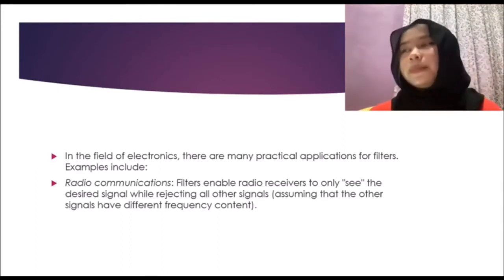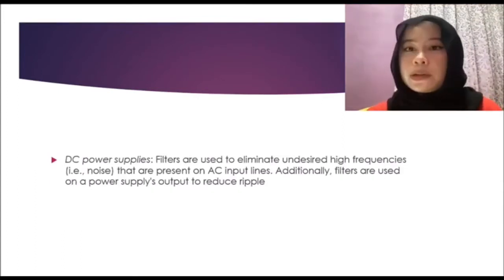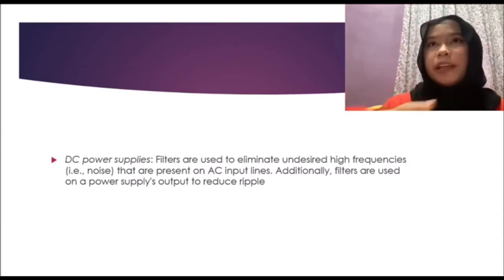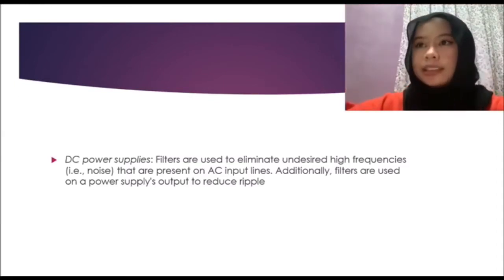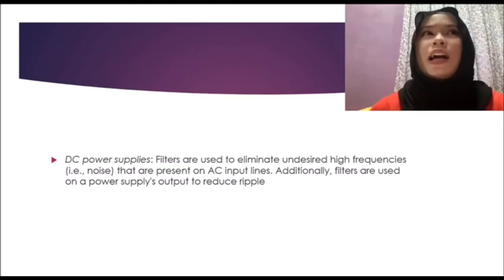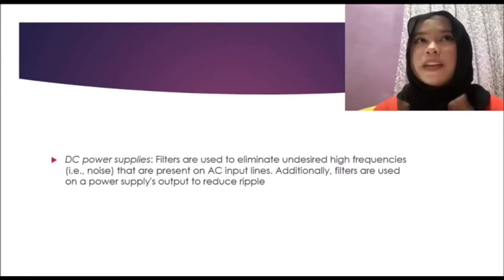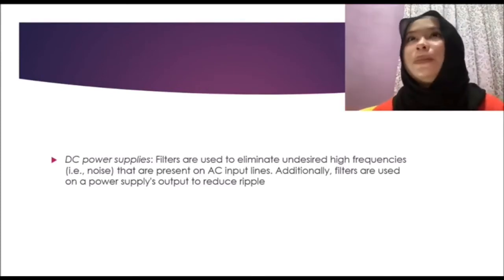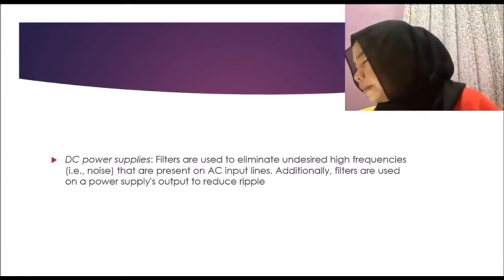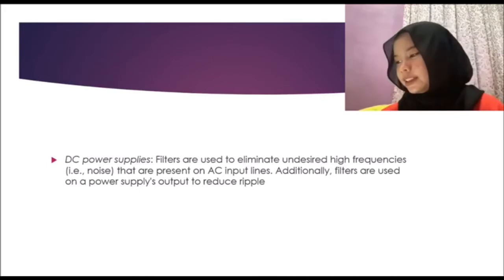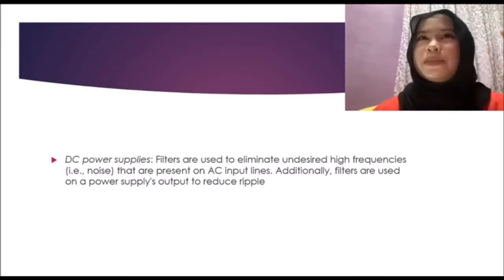The next example is in DC power supplies. Filters are used to eliminate undesired high frequency. When there is an abnormal, unusual high frequency, it will be removed using the filters, for example excessive noise.